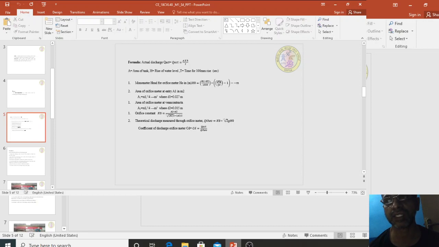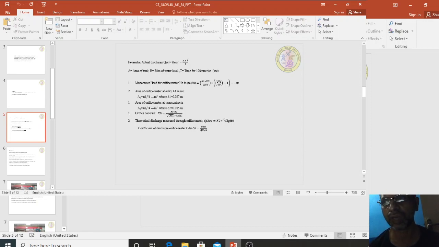The time is in terms of seconds. Generally we do this experiment by considering a 10 centimeter rise, or 100 mm rise, in the tank, and noting how much time it takes in seconds.